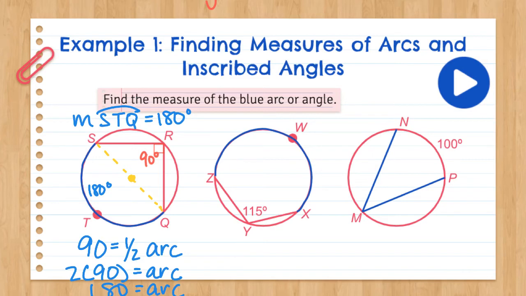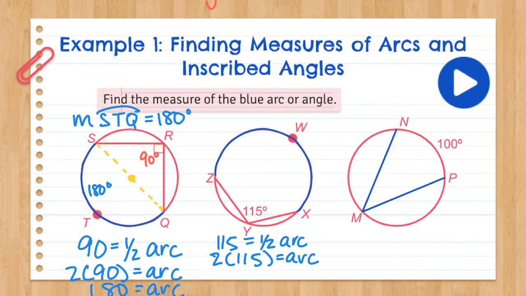All right, let's go ahead and look at the next example, the middle circle. So once again, we have the angle equals half of the arc formula. We know the angle is 115 equals half of the arc. So now we're going to multiply both sides by 2 to get rid of the 1/2. 2 times 115 equals the arc.